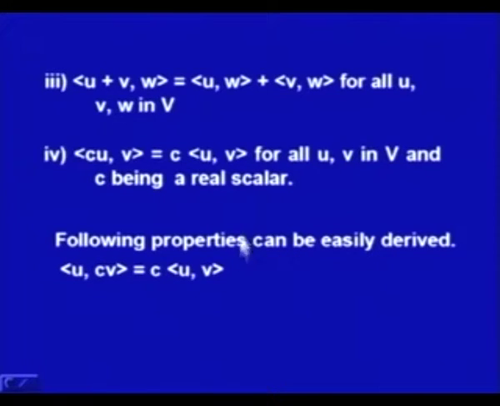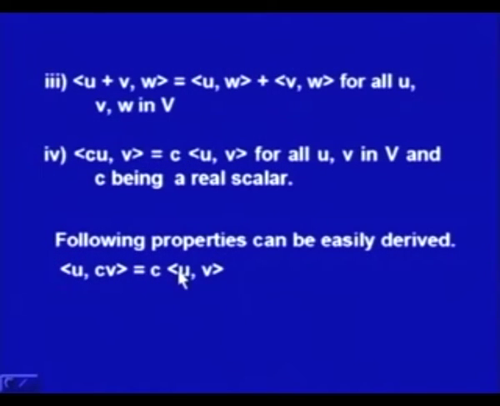On the basis of these 4 properties, the following properties can easily be derived. That is, u comma Cv is equal to C times the inner product of u comma v, because it is symmetric. So Cv comma u is the same as u comma Cv, and then C can be taken out.